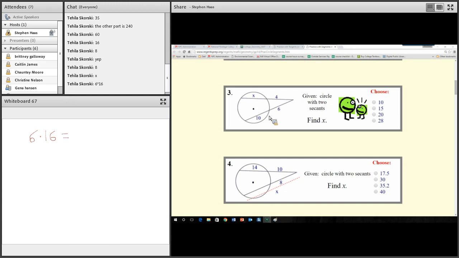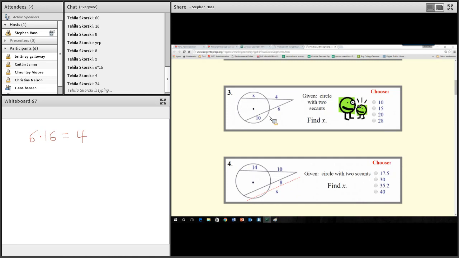What about the other side? What about the top? What's the smaller part? What's the part of the secant outside the circle? 4. What's the part inside the circle? What's the whole secant? Well, I mean, that might be. I haven't figured it out yet. But what's it in terms of x?